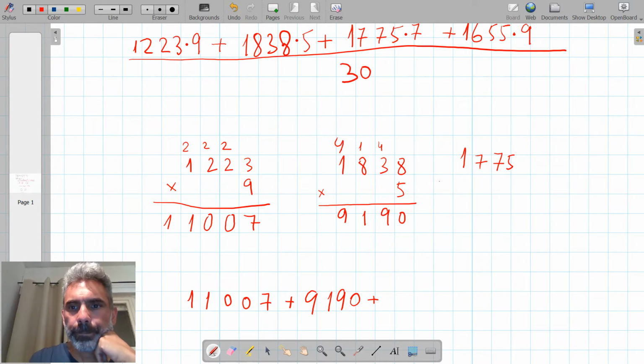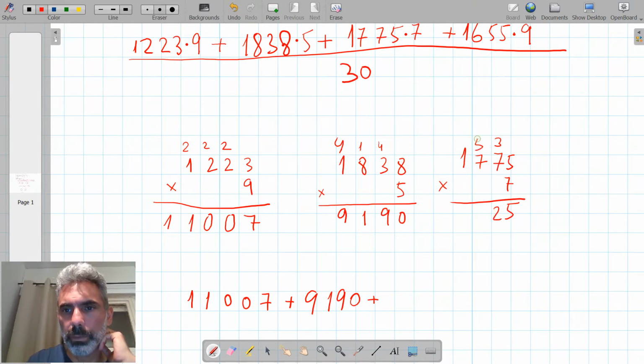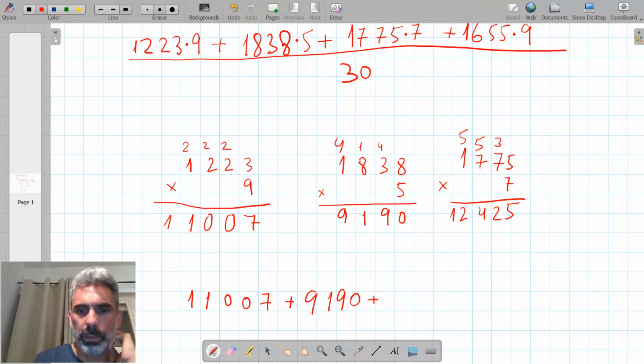Plus 1,775 times 7. 5 times 7 is 35. 7 times 7 is 49 plus 3 is 52. 7 times 7 is 49 plus 5 is 54. 7 times 1 is 7 plus 5 is 12. So 12,425.